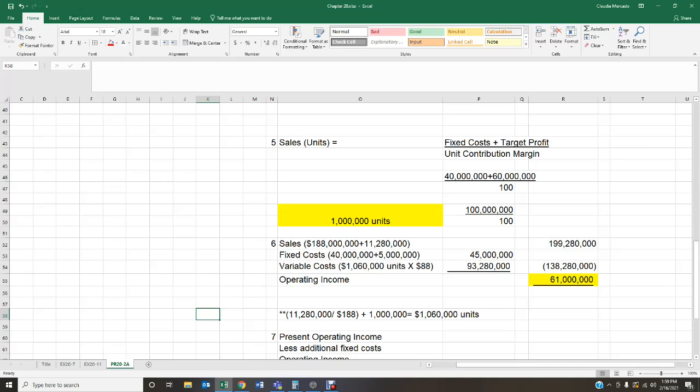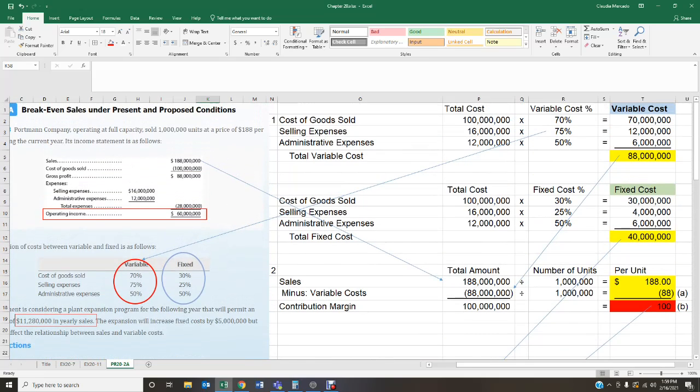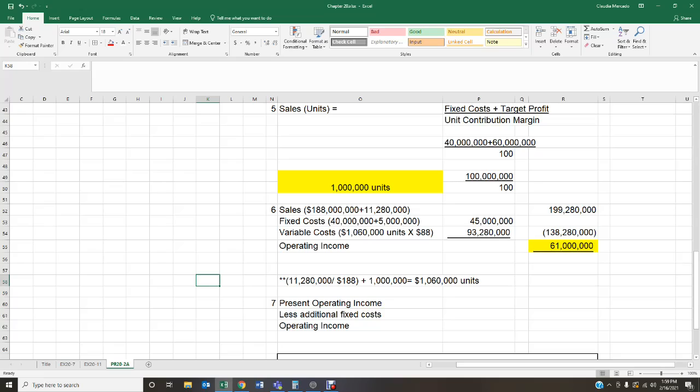Then on top of that, we have that excess capacity, which is what we are incorporating into this new program. So first, we are already manufacturing or selling 1 million units a year. That is our base. We're going to be selling 1 million regardless, and then on top of that million, we also have variable costs for the extras. That's giving us 1,060,000 units.